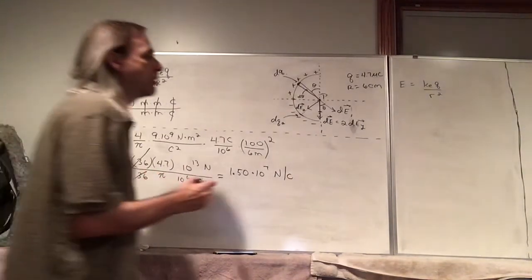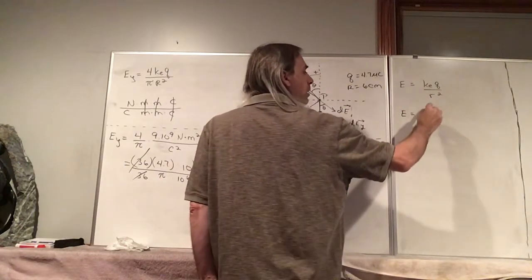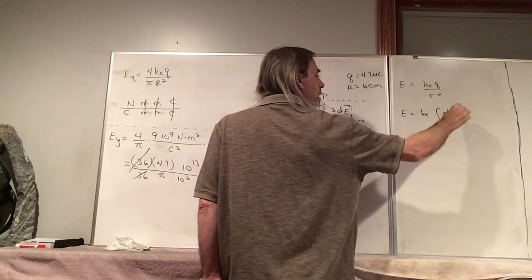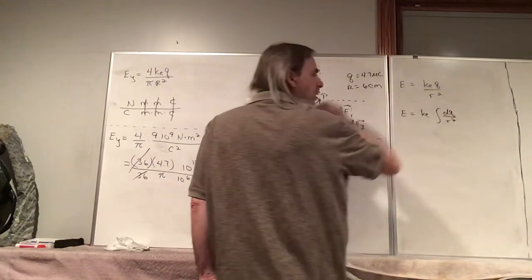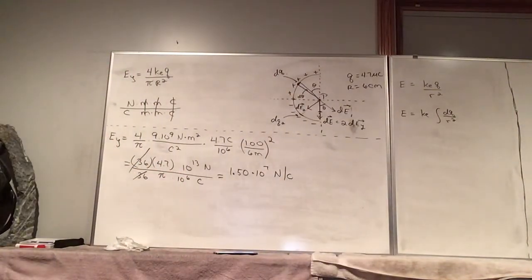For a continuous charge distribution, we consider a small charge dq at a particular location on our distribution, and then we just integrate over the distribution itself. So I want to practice both ways, individual point charges and charge distributions.